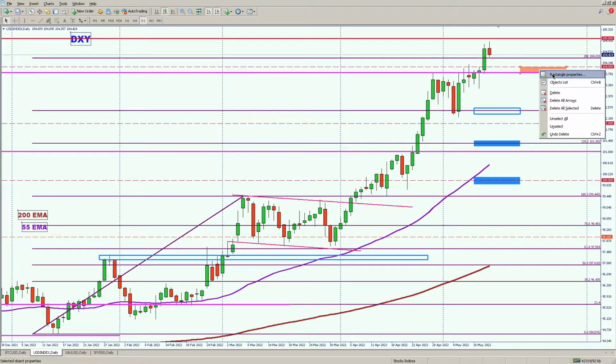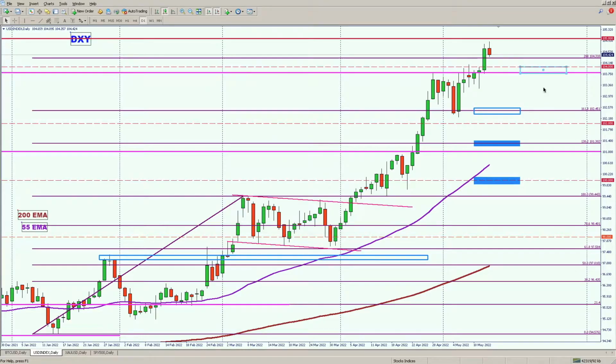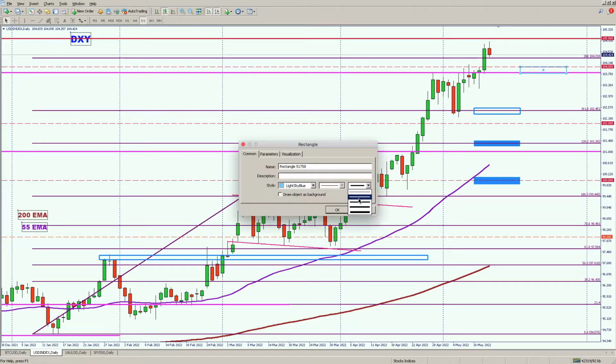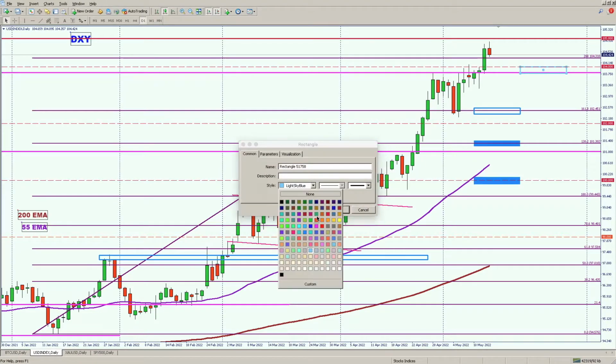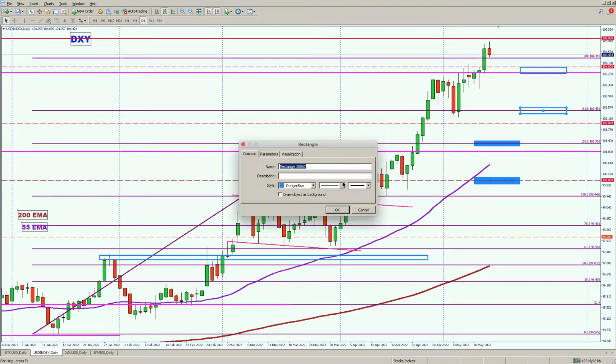This is going to turn into support. This here is support now. This area is also going to be support, and a major one. Next major one now.